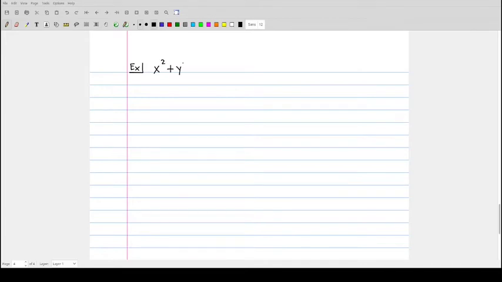x squared plus y squared plus z squared plus xy plus yz plus xz is equal to 2.